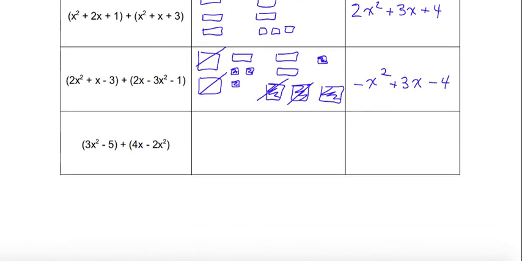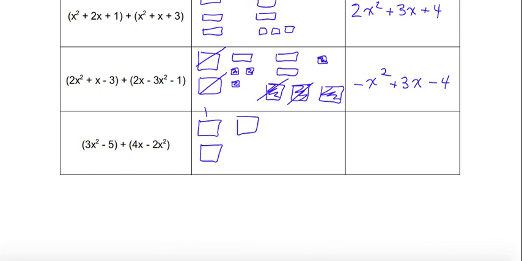And the last example that we're going to look at is 3x squared. So I'm drawing 3 large squares. And those are positive squares, so I'm not going to shade those in.